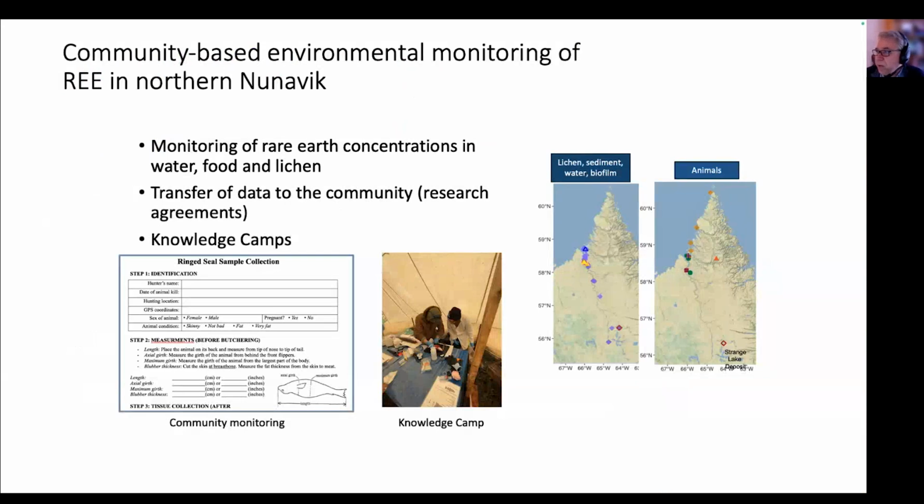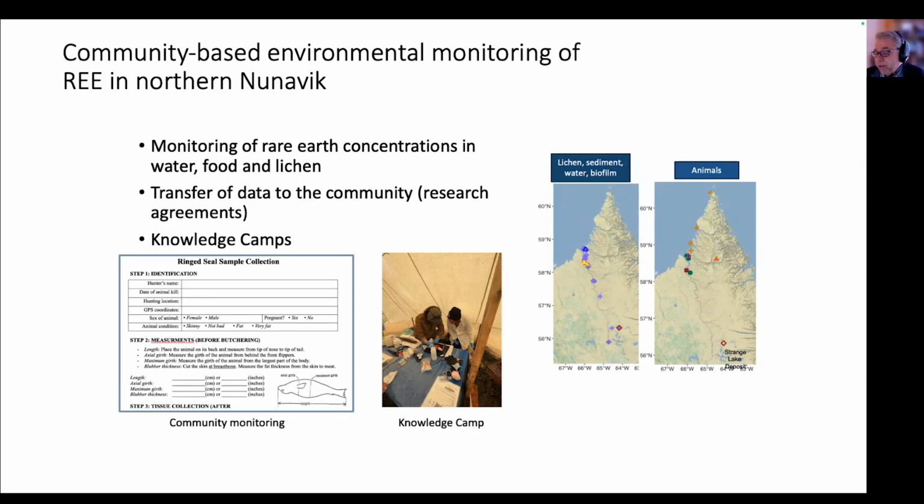So it's a community-based environmental monitoring program in Nunavik where many samples are taken from the land. You have lichens to monitor atmospheric deposition, sediments, water, biofilms, and also animals collected by people from the community. Many of these animals are consumed by the community. It's still a community that relies on country food quite a lot.